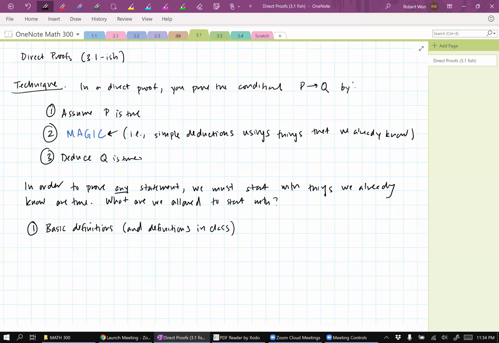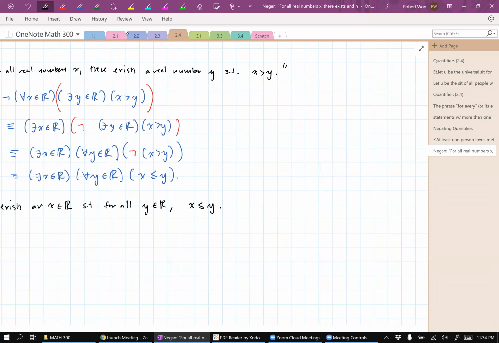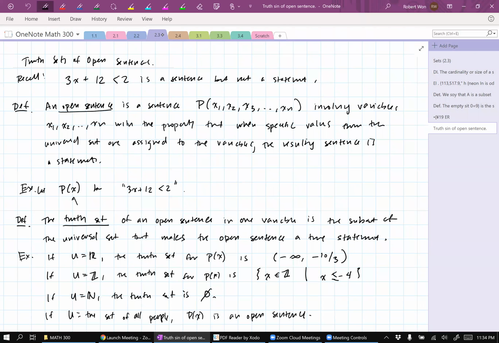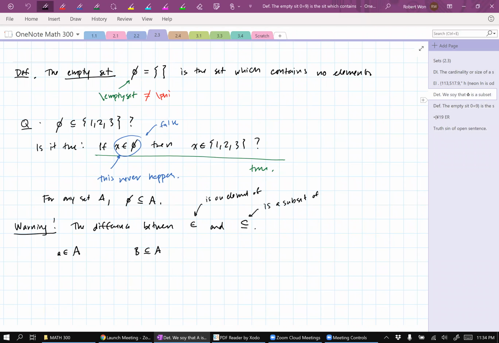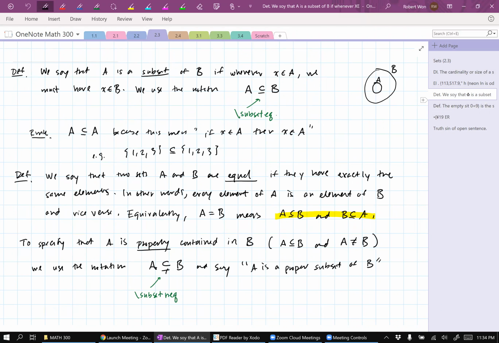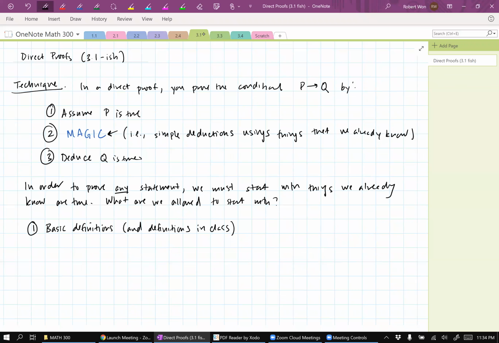That's another thing that we defined in section 2.3. Right, we said that A is a subset of B if whenever X is in A, we must have X is in B. So you're allowed to use that definition in your proof. You're trying to show that A is a subset of B. You say, well, suppose that X is in A. I showed that X is in B, therefore A is a subset of B. Okay, so any definitions, we're allowed to start with that.